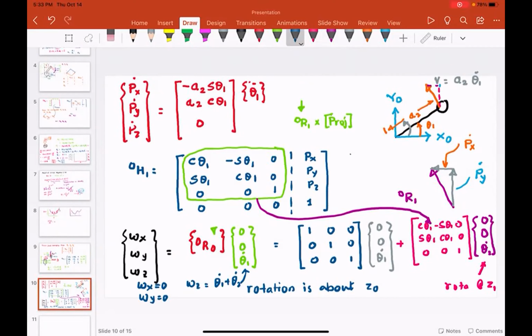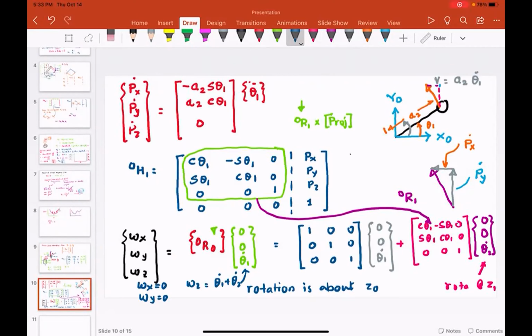Now let's identify what it means. Imagine that you are on top of the second joint. Second joint theta 2 dot is 0. So what would be your angular velocity? Your angular velocity will only be the angular velocity of the first joint. Imagine the first joint is stationary, but the second joint is rotating. What would be your angular velocity?